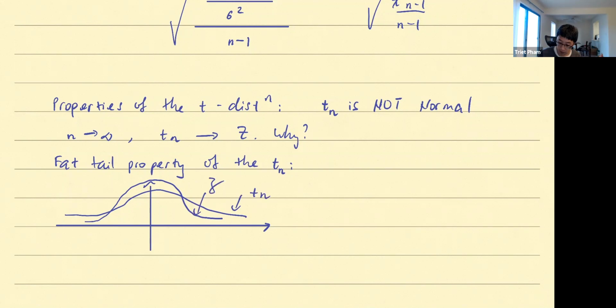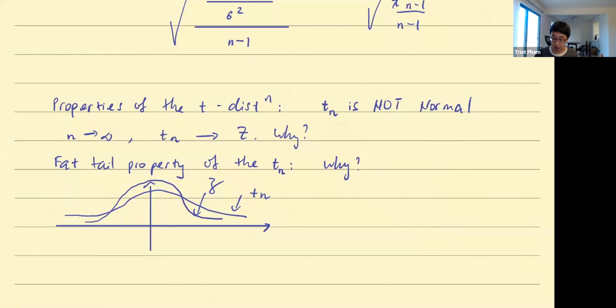That's what we mean by fat tail: the tail is fatter compared to the normal. Then the question is, why so?